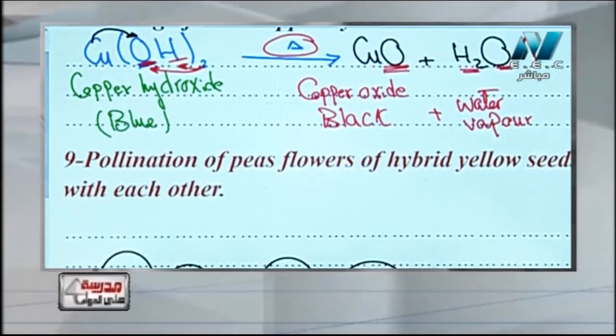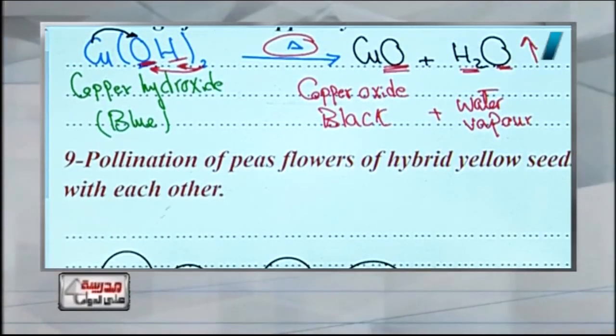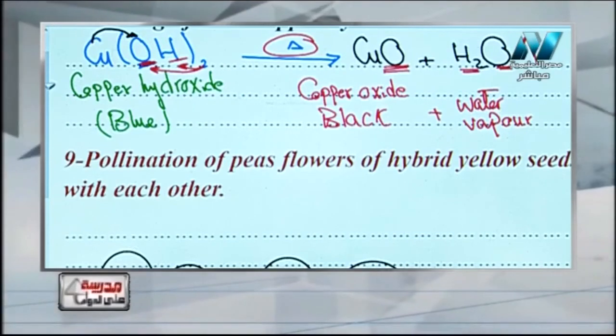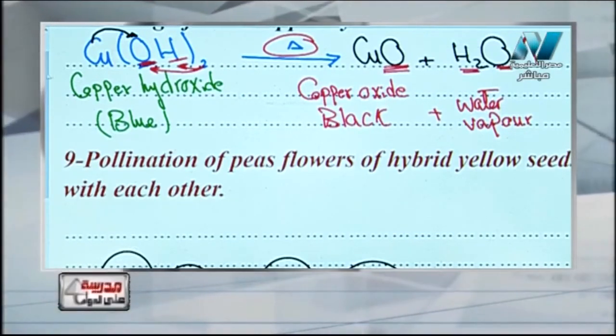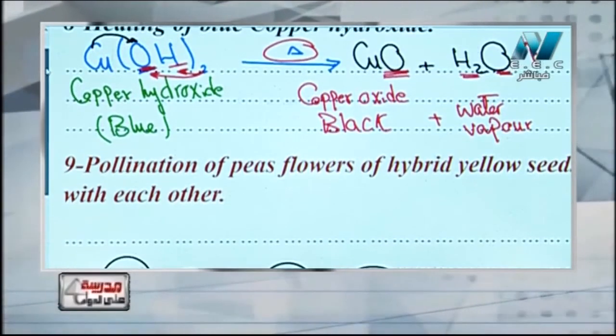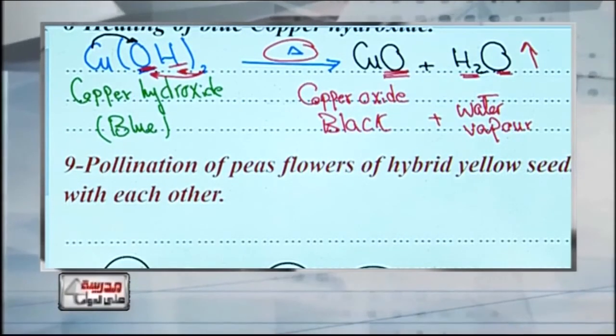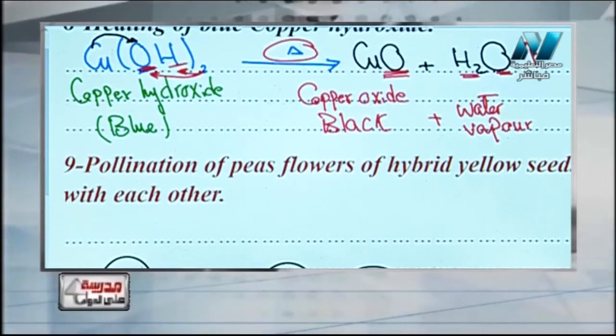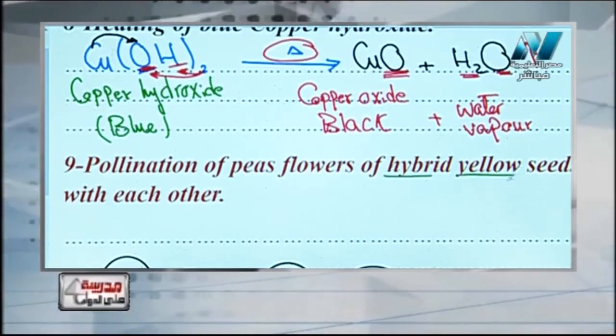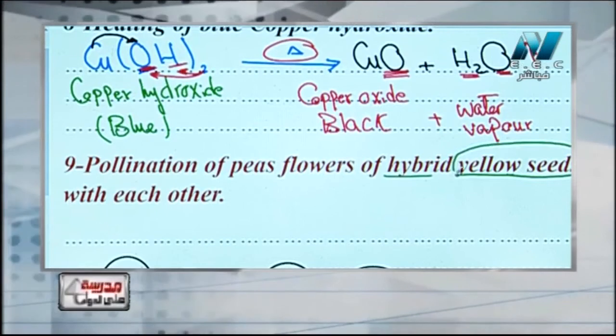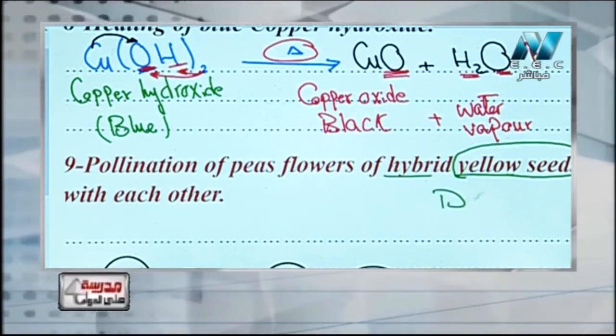Next one is pollination، يعني عملية اللي هي تلقيح، يعني زي ما بيسموها، between pea flowers of hybrid yellow seed with each other. خلي بالنا with what? Hybrid yellow seed. And we know yellow seed is dominant. Is what? Is dominant trait.